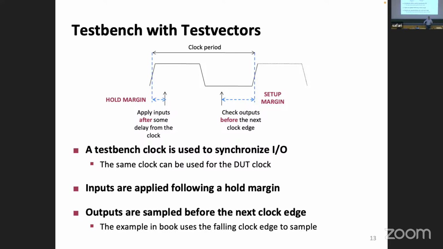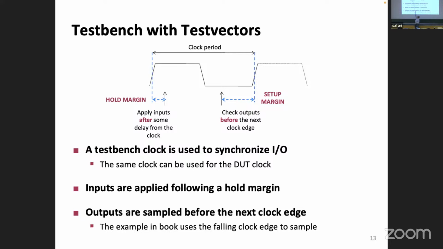Is this okay? Shall I repeat it? When you apply the input within this clock cycle, after the clock edge has risen, the only thing that happens is at rising edges, right? So when you apply this input, it's actually the next edge that will take the input and do something with it, because this edge has already passed. To make sure that this edge has already passed, we want to separate it.